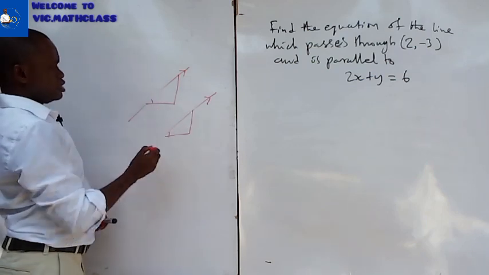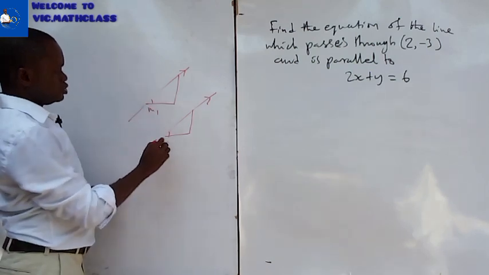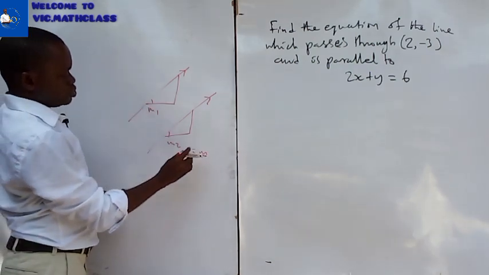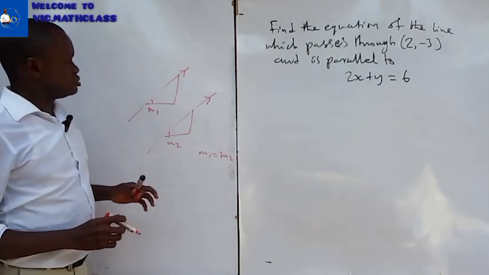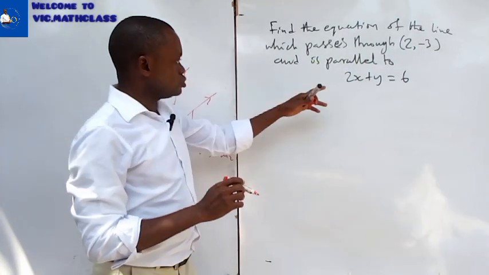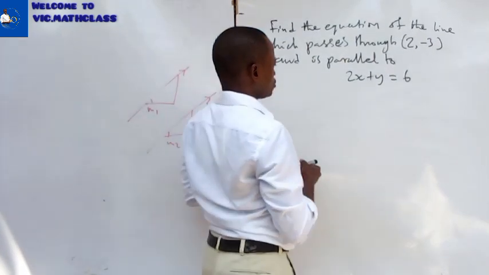If this is m1 and this is m2, we will say m1 is equal to m2. It is a proven case, so we are going to use that concept here.